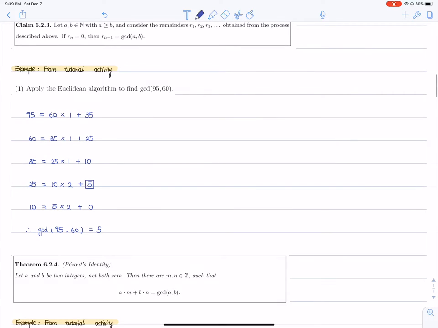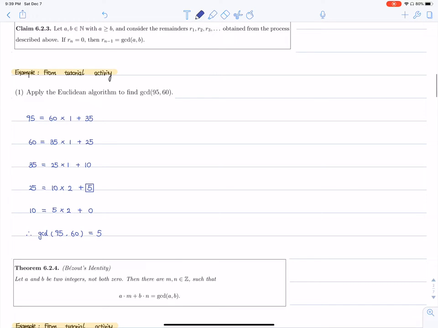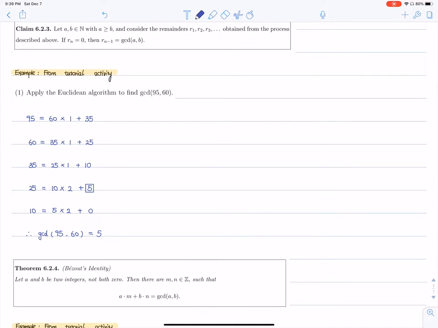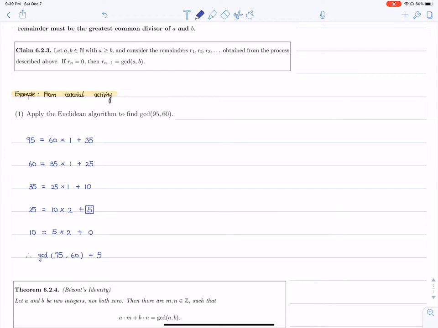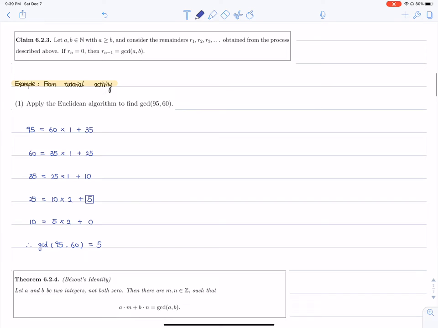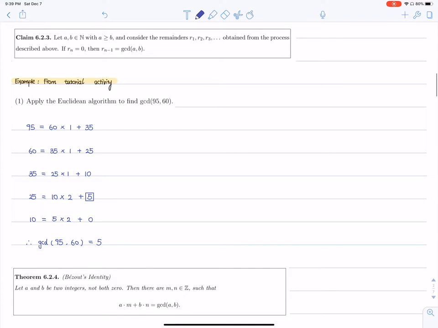This is from the tutorial activity of week 13. I'm pretty sure the TA did this in your tutorial, and I'm going to go over the same thing again, because this chapter is kind of like computation. As long as you know how to do one question, you know how to do all of them. So we'll go over this again.